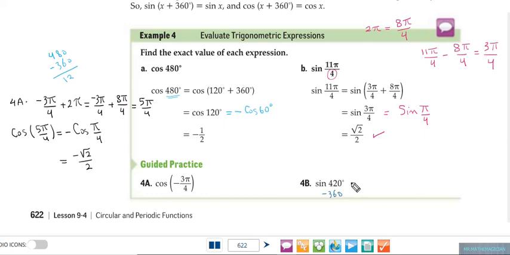So this will be sine of 420 minus 360, which gives you 60. And we know that 60 degrees lies in the first quadrant, so no need to find the reference angle because it's already in the first quadrant. It is the reference of itself. And sine 60 degrees will give you root 3 over 2.